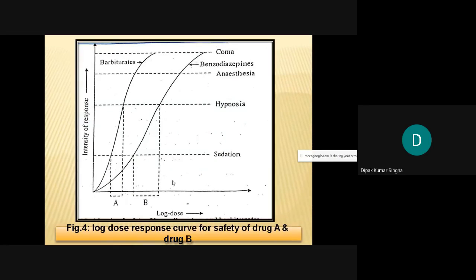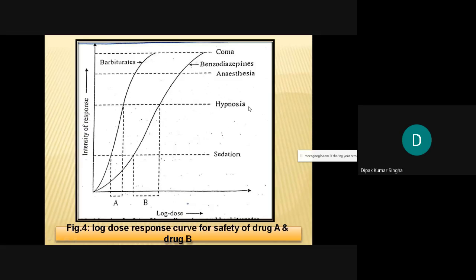Look, in case of drug log dose and the intensity of the response, here are some drugs, some barbiturates and benzodiazepines. With a low dose it produces some sedation, that means sleepiness. Hypnotic is quite higher than sedation.